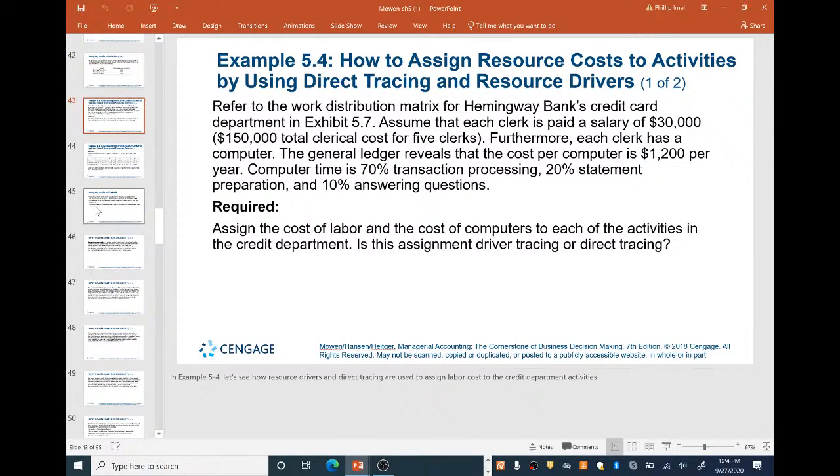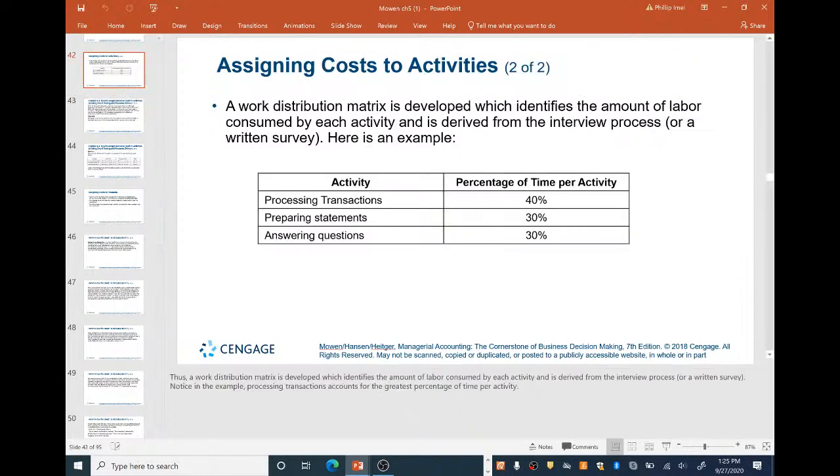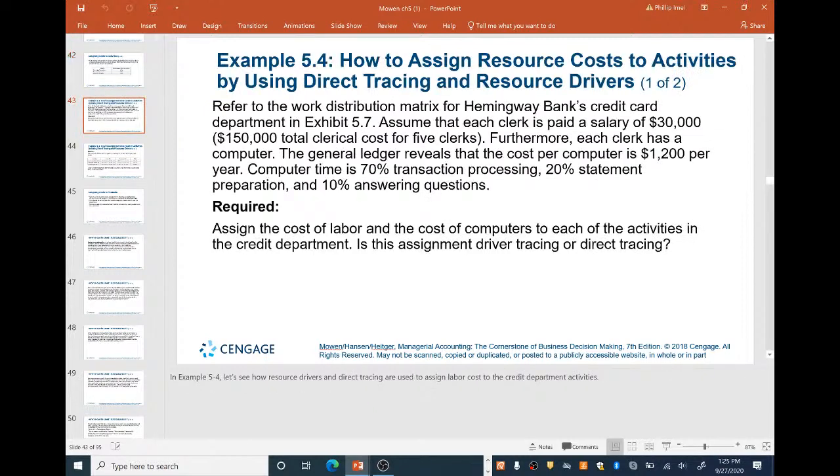So how to assign resource costs to activities by using direct tracing and resource drivers. We're going to use the work distribution matrix for the Hemingway Bank's credit card statement that we just looked at up here, with the breakdown of the percentage of time and the activity for this example.